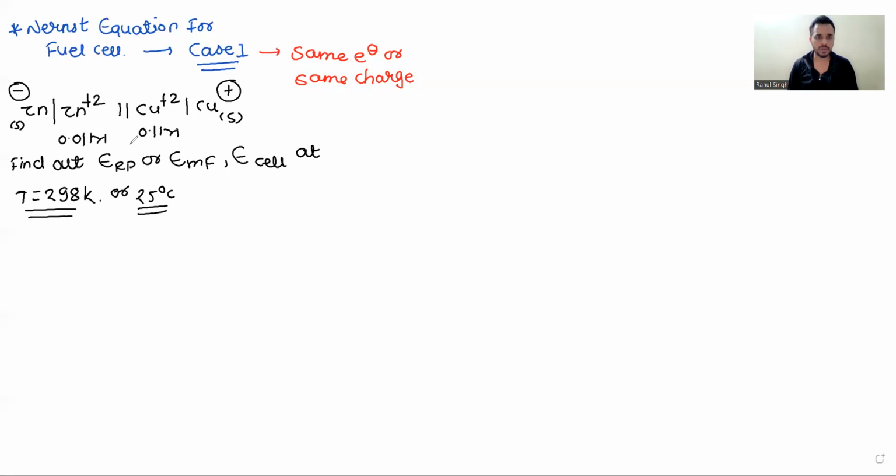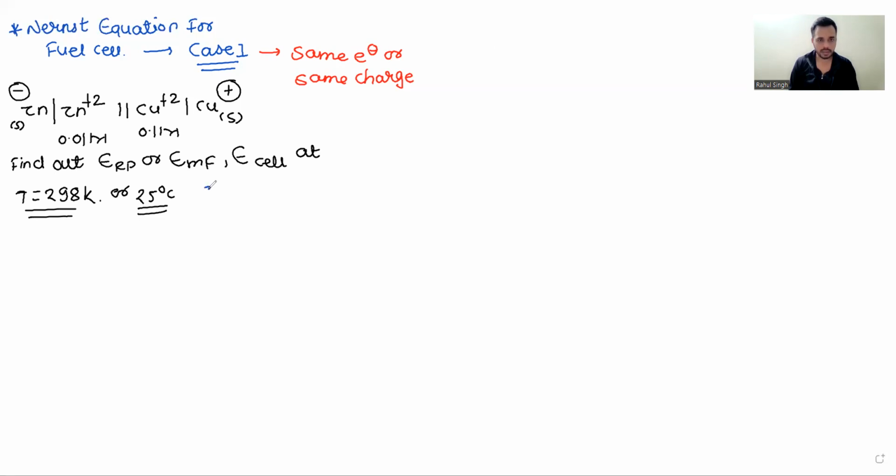So what we have to do now is identify which species is oxidizing and which is getting reduced. We are very much familiar with this. Zinc is converting to Zn2+.